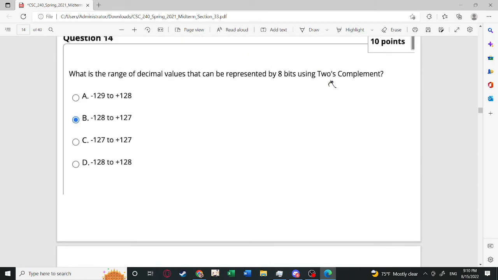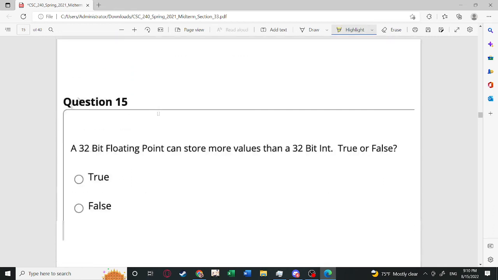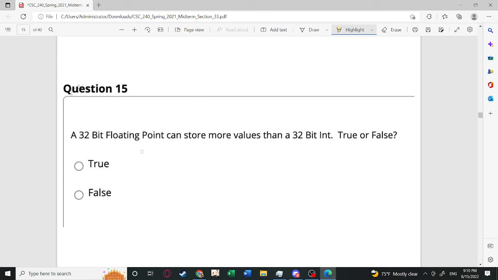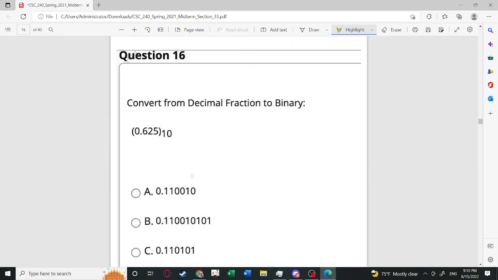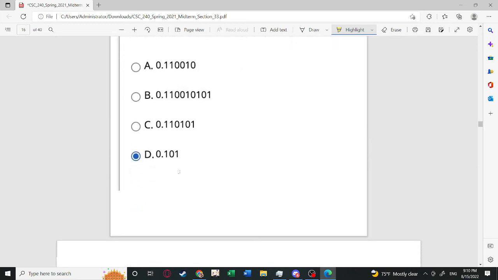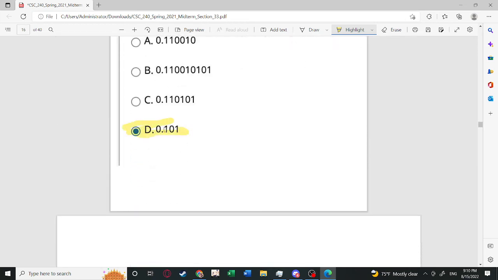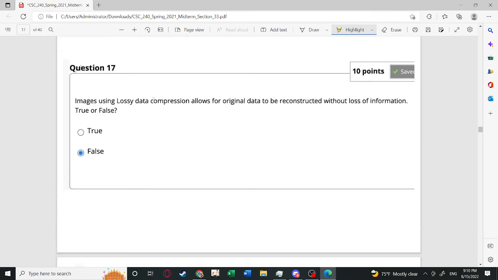This two's complement is correct. So we're going to highlight it to emphasize that it's correct. This one we already know from last time. It's true. 16 is correct again, he or she, I don't know.